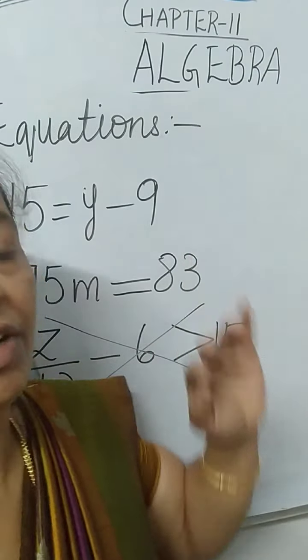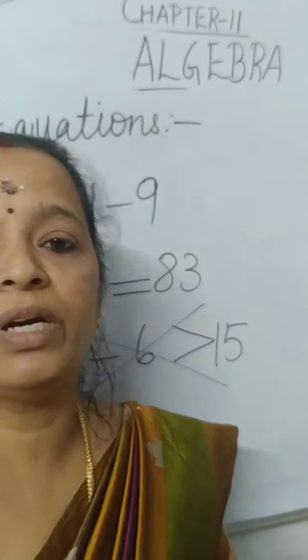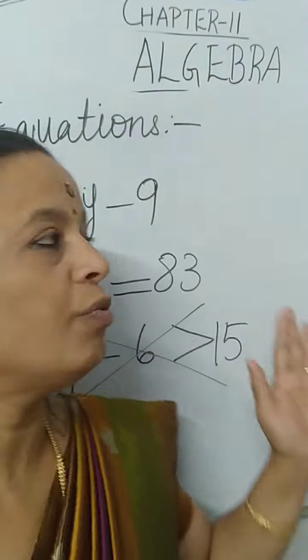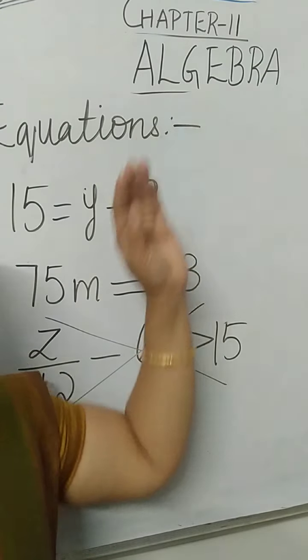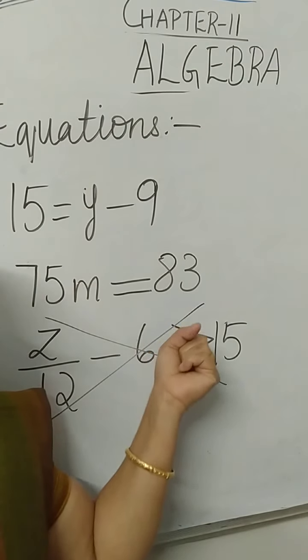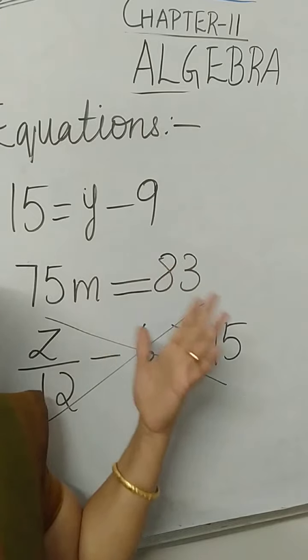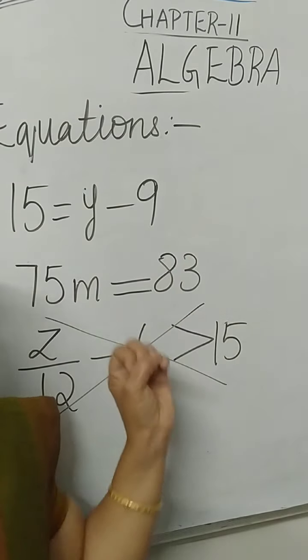So, we have learnt in algebra what algebra means. First of all, you have to know what algebra is. Algebra is nothing but a branch of mathematics where we use letters to show the rules and formulas in a general way.